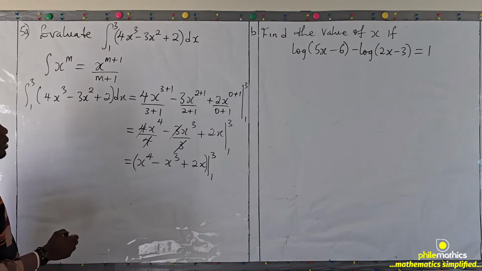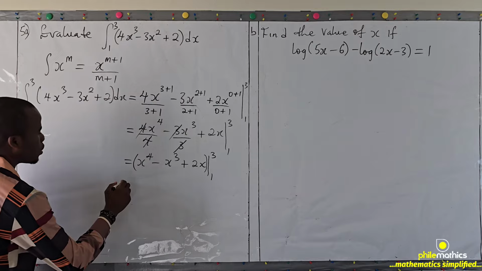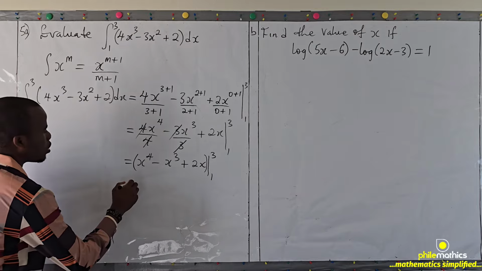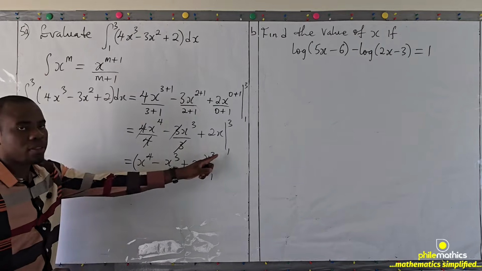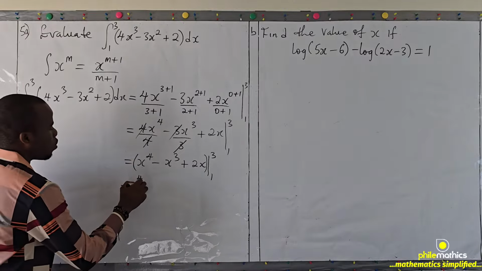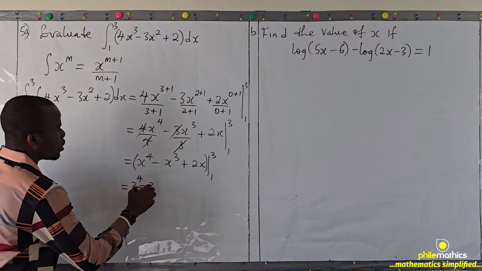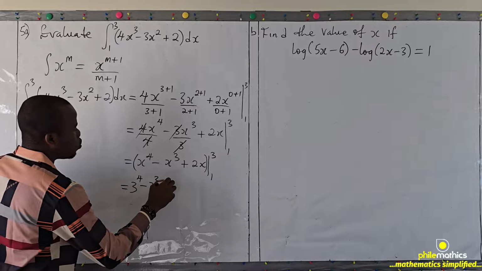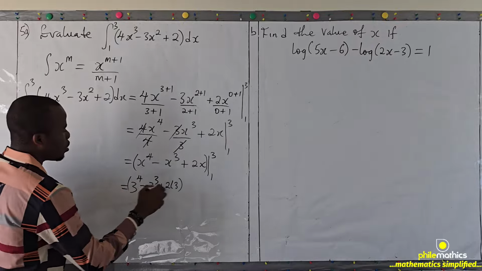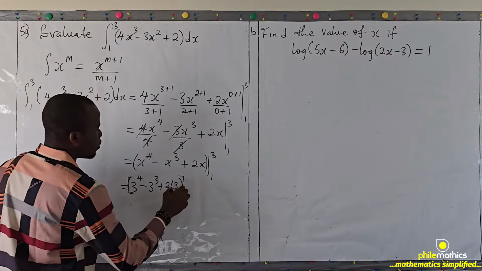And so let's apply the limit. This will give us, let's put the upper limit first. 3 to the power 4 minus 3 to the power 3 plus 2 by 3, minus the lower limit.